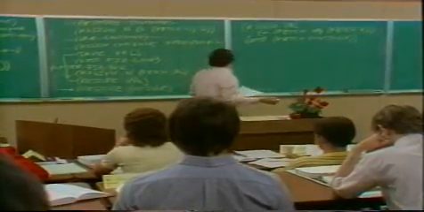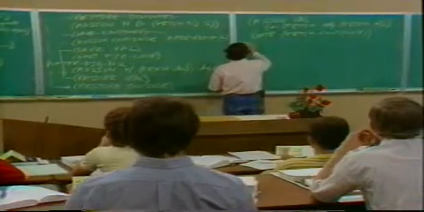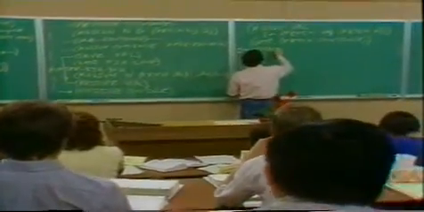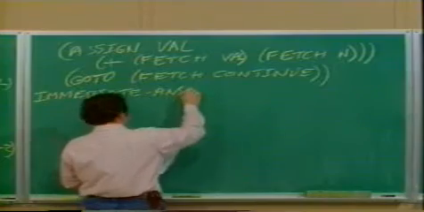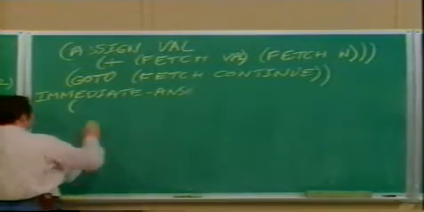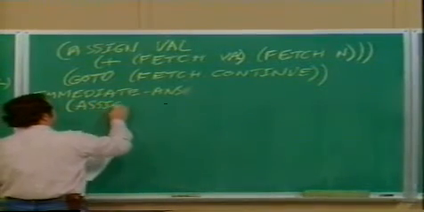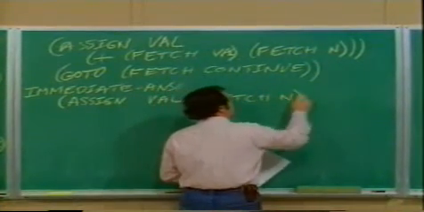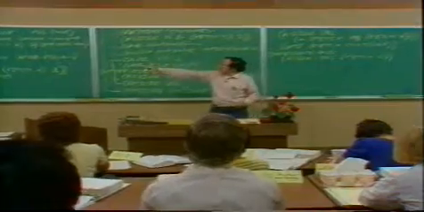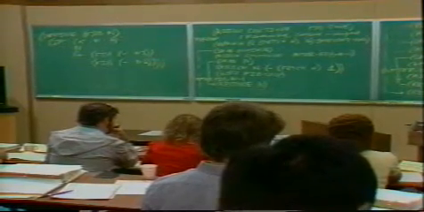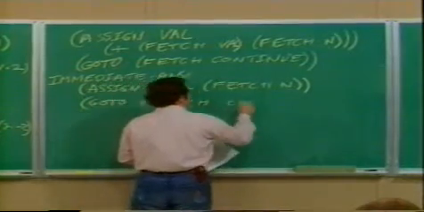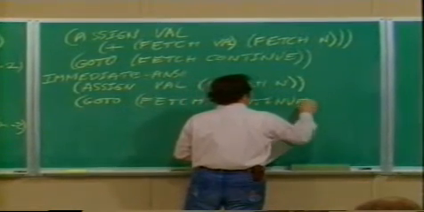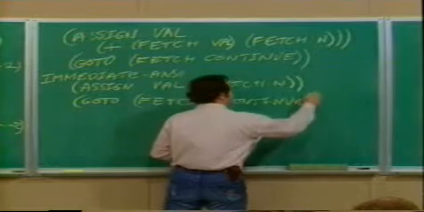Like there's the base case of this induction, immediate answer, which is nothing more than assign to val fetch of n, because n was less than 2 and therefore the answer is n in our original program, and return. Continue. Almost. And finally fib done.